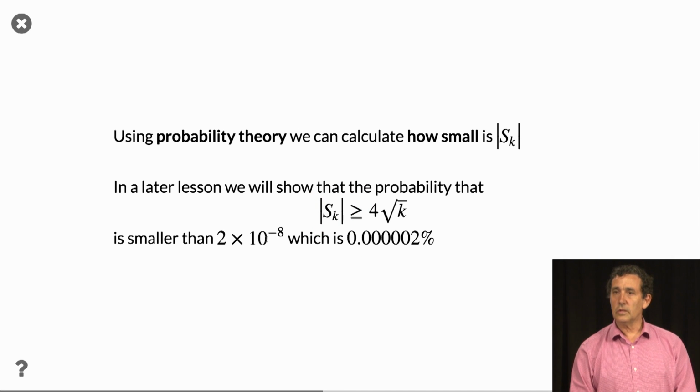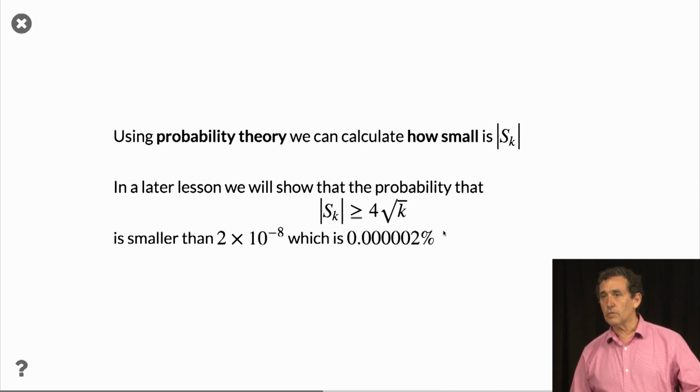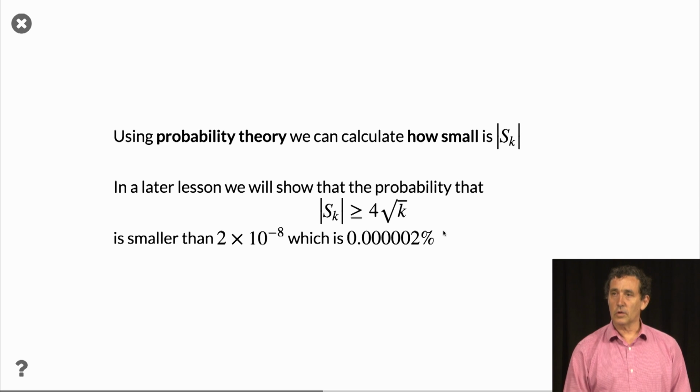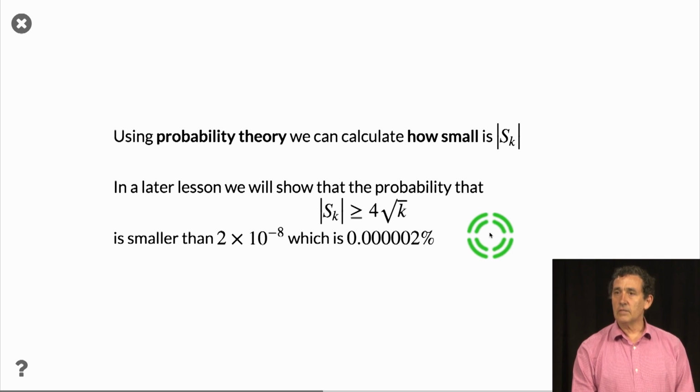It is 2 times 10 to the minus 8, or 0.000002%. So we'll have to flip the sequence of 1,000 coins many times before we can see that it will be bigger than 4 square root of k. Let's actually do the simulation and see if that is the case.